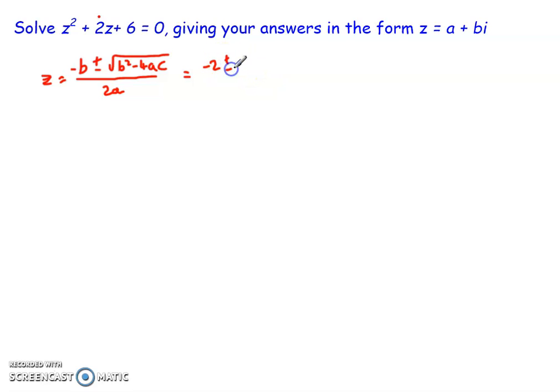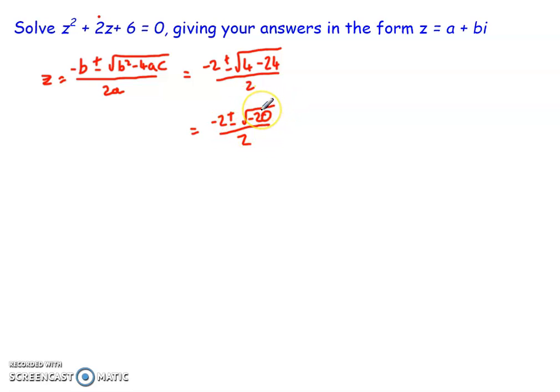It's then plus or minus the square root of b squared, so that's 2 squared, which is 4. Take away 4 times a times c, so 4 times 1 times 6, so take away 24, all over 2 times a, which is just 2. What I then do is simplify it down. So I get negative 2 plus or minus the square root of negative 20 all over 2.